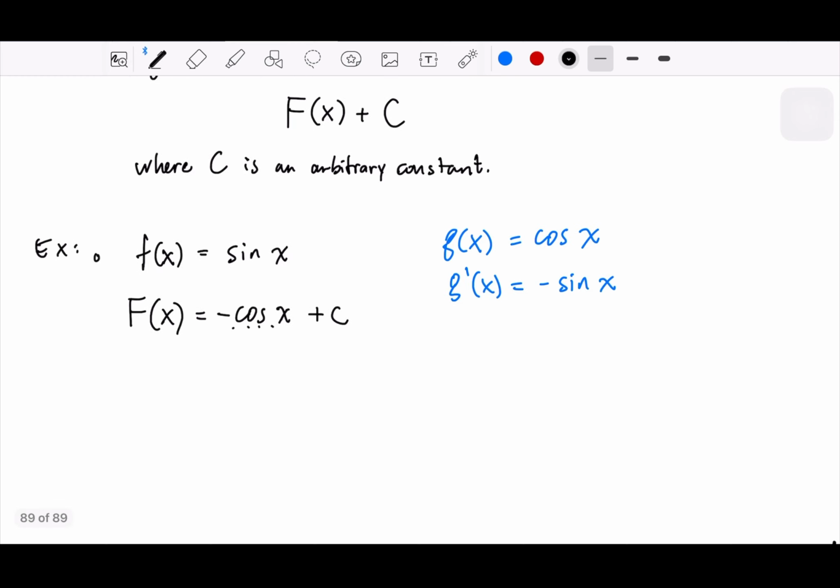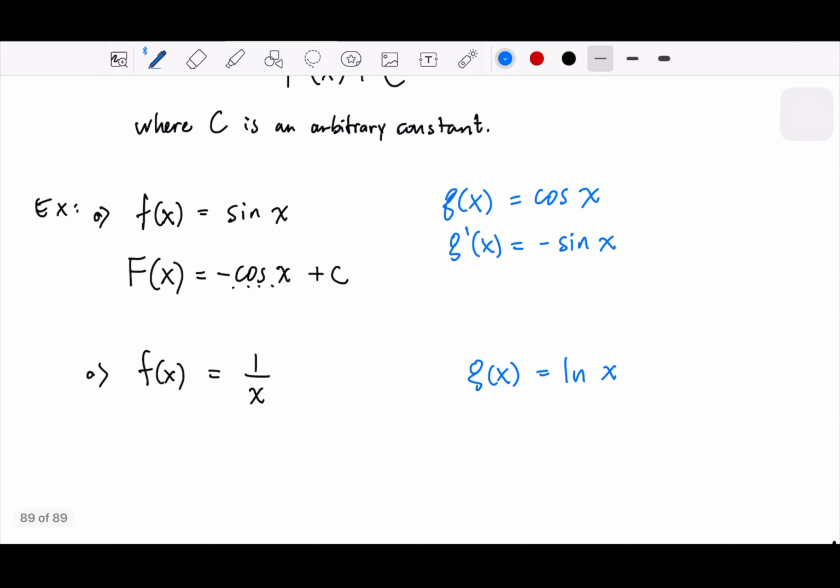Now, this is the first one. The second one: if we have a function that is 1 over x, we need to remember what kind of function, when we derive, gives 1 over x. It's ln, right? So if we take another g, that is ln x, this will be equal to 1 over x.